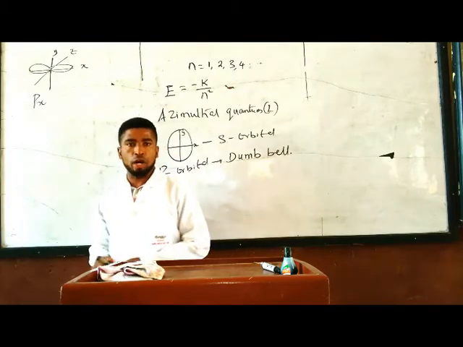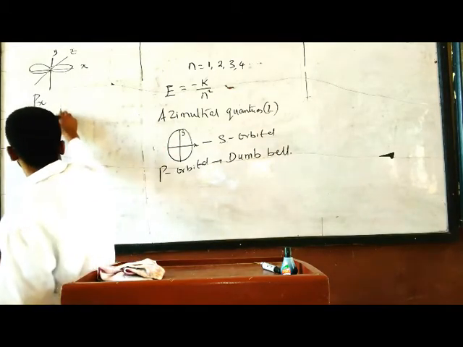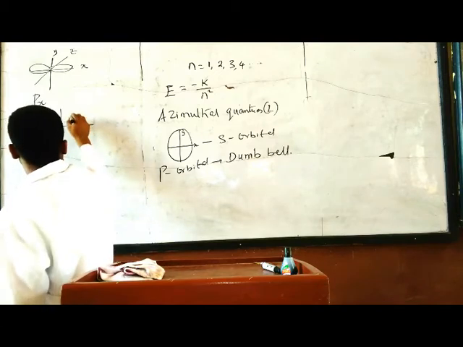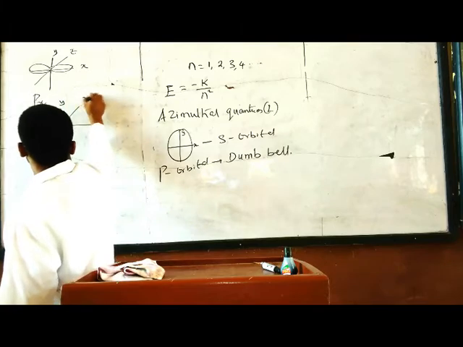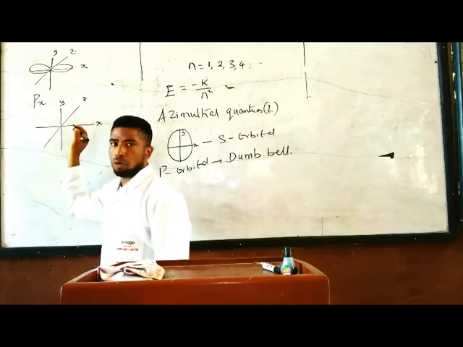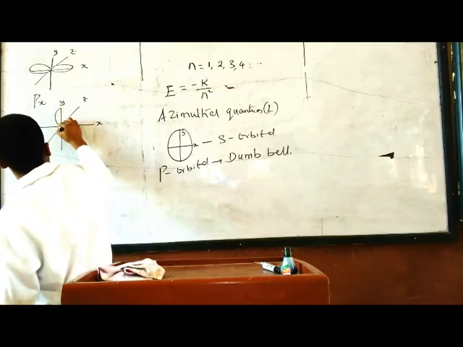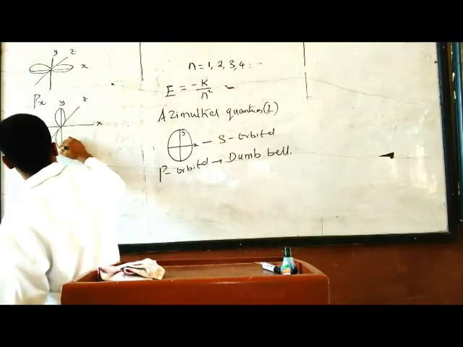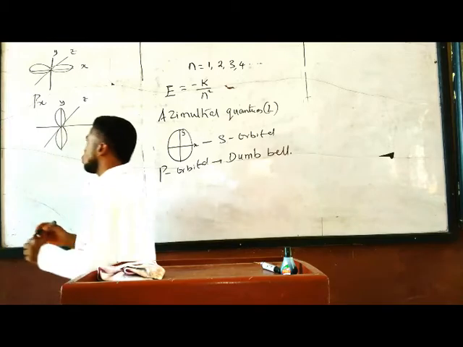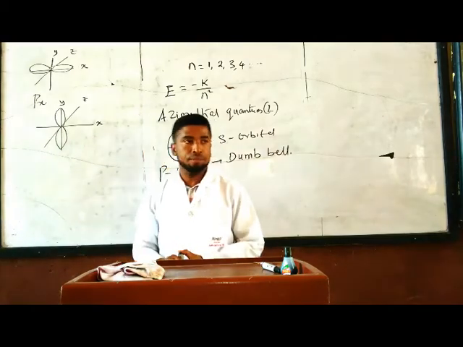Now to draw my Py, we have something like this. This is my X, my Y, and my Z. So because I want to draw Py, the dumbbell will face the Y axis. And this is Py.